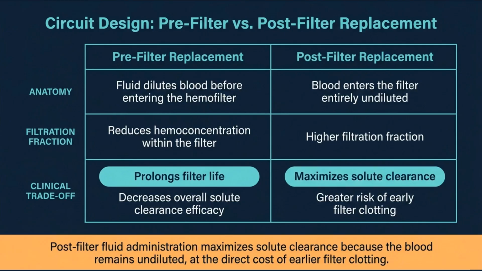However, this dilution also decreases the overall solute clearance efficacy because the concentration of waste products in the filtered plasma is artificially lowered. Conversely, post-filter fluid administration maximizes solute clearance because the blood entering the filter remains entirely undiluted. The trade-off is a higher filtration fraction and a greater risk of early filter clotting. Balancing these factors is a daily practical challenge.